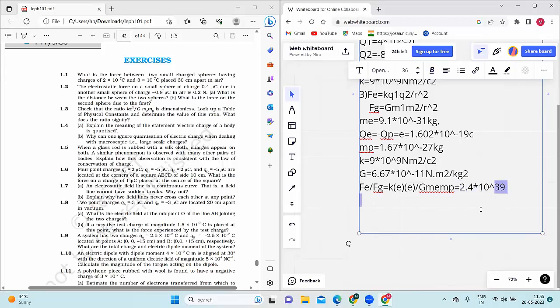This signifies that the electrostatic force at this range of distance is very large, 10 power 39 times larger than the gravitational force acting between the two particles.